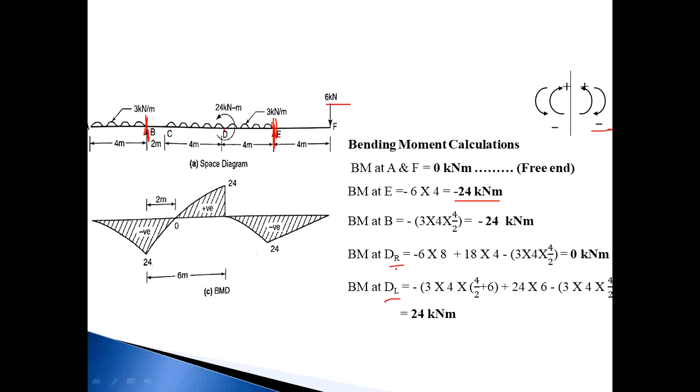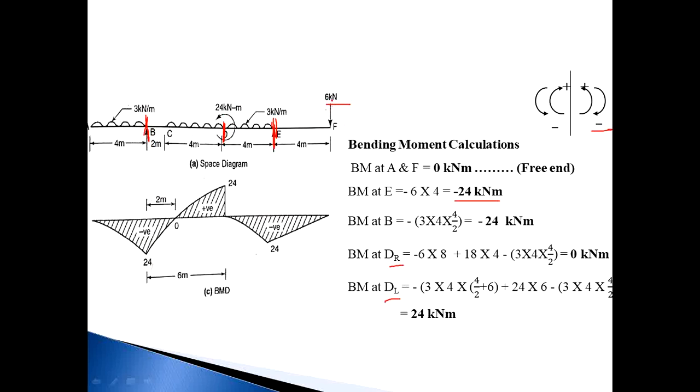So first of all, I can consider DR. Mark a section at point D and consider the right side. The forces on the right side are the UDL, reaction, and this 6 kilonewton. Ignore this moment, only consider forces.